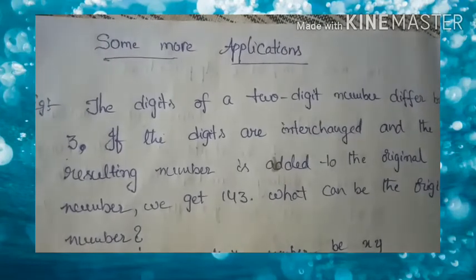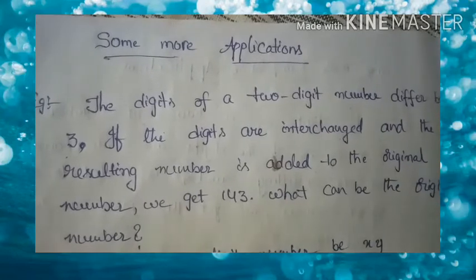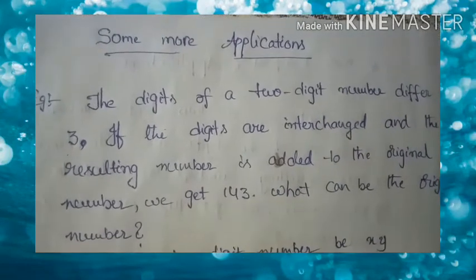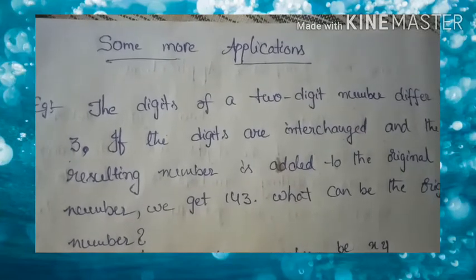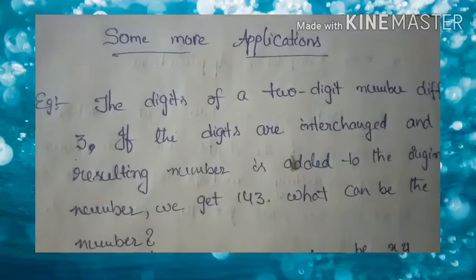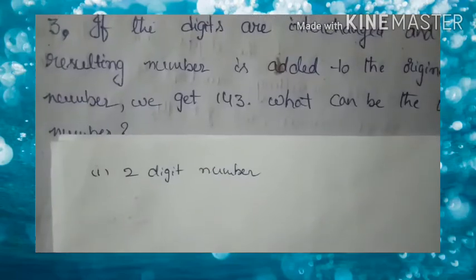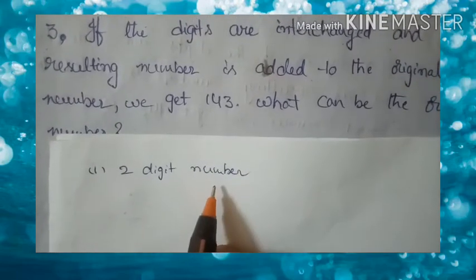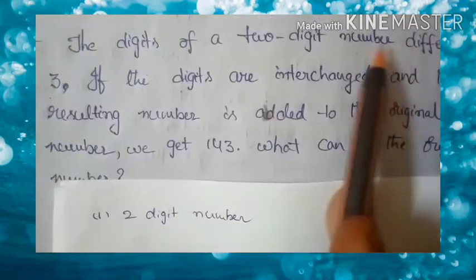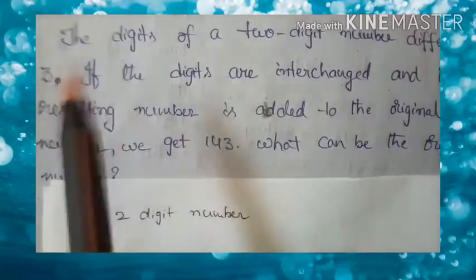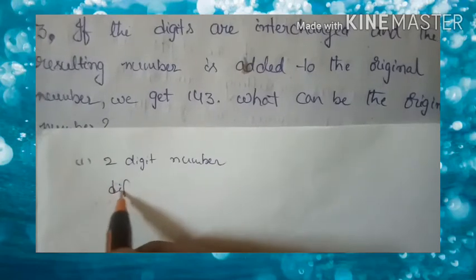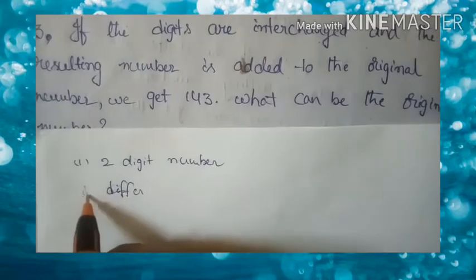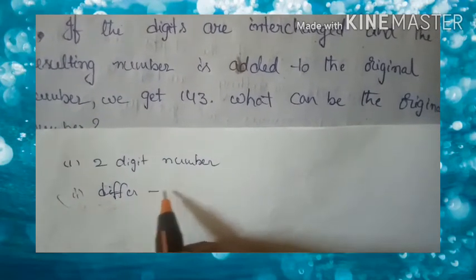First of all, we should write what are the given conditions and clues. Okay, first one, it is a two digit number. Second one, the difference of the two digits is 3.